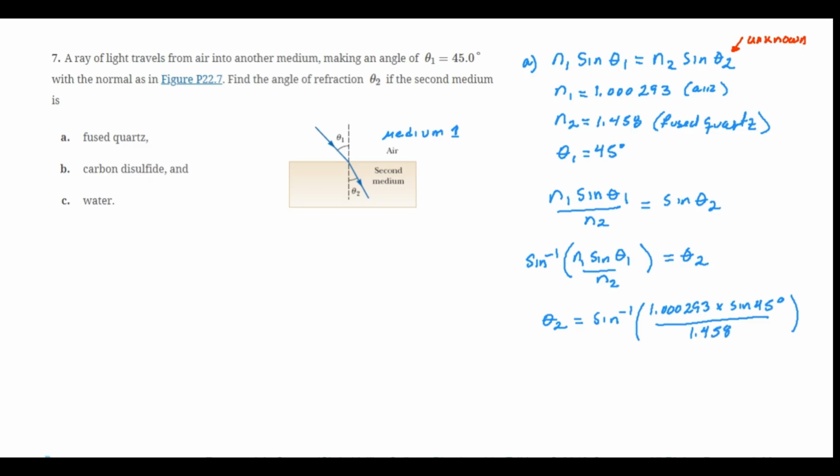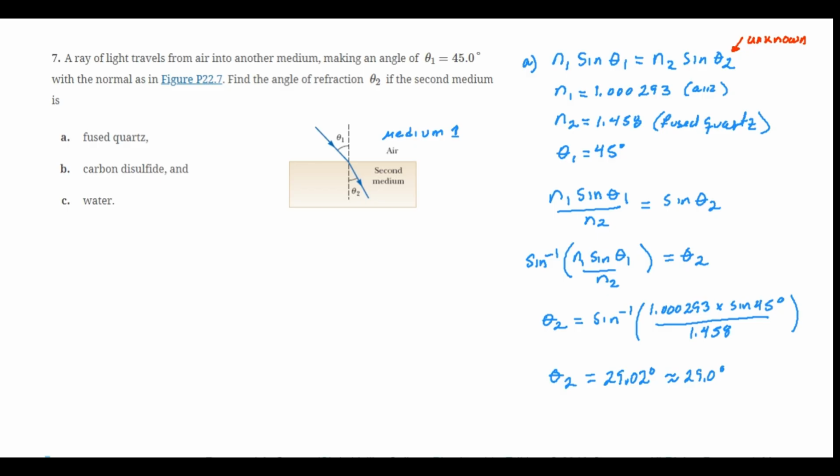When we do these calculations, we get that theta 2 is equal to 29.02 degrees, or approximately 29.0 degrees. This is the angle of refraction when the second medium is fused quartz.